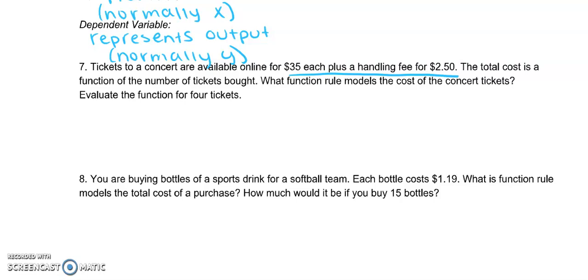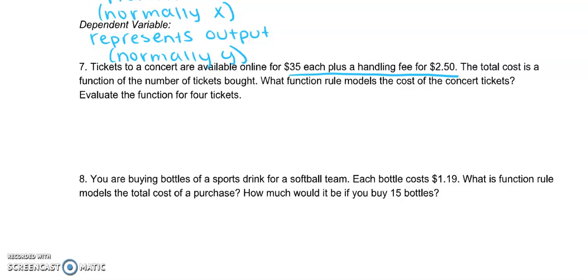If I buy 3, the cost is going to go up. Unless they're running a deal, I can't plug in multiple x's and pay the same amount. I can't buy 3 tickets and pay $50, but then buy 6 and also pay $50, right? So for a function, you can't have your x's repeat. Anytime we're talking about getting different amounts of something, that would be a function, unless it's a rare case where you can buy a bunch in bulk for different prices.